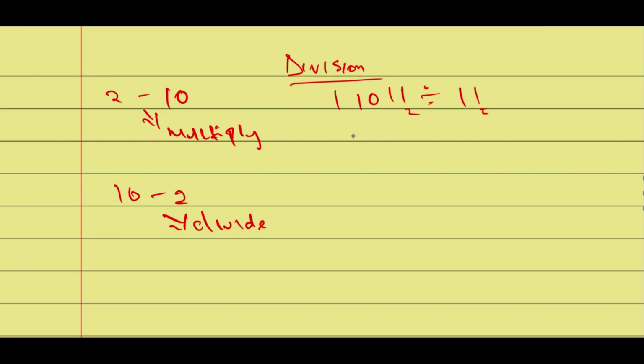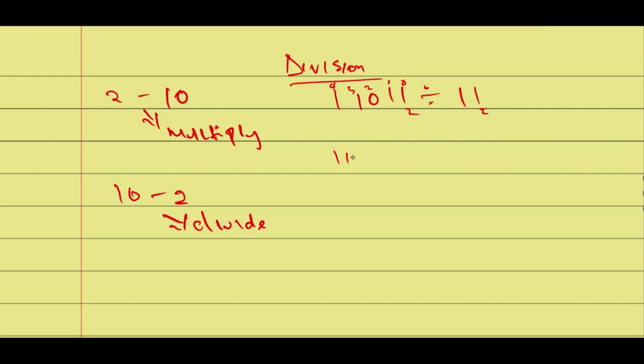Remember that we said in base 2, each position in a binary number represents a power of 2 starting from 0 on the right. That means each of these is multiplied by a power of 2 starting from here. So we have 0, 1, 2, 3, and 4, starting from here.